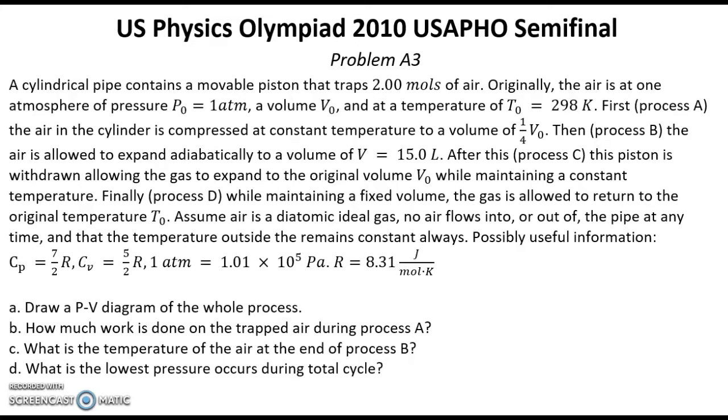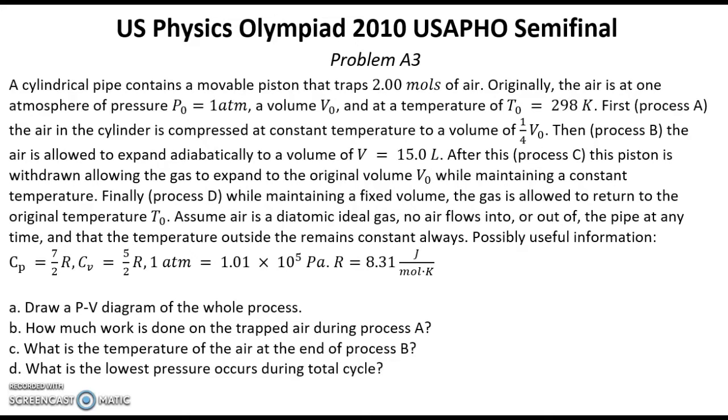US Physics Olympiad USAPHO Year 2010 Semifinals. Problem A3. A cylindrical pipe contains a movable piston that traps 2 moles of air. Originally, the air is at 1 atmosphere of pressure P0, a volume V0, and at a temperature of T0 equal 298 Kelvin.